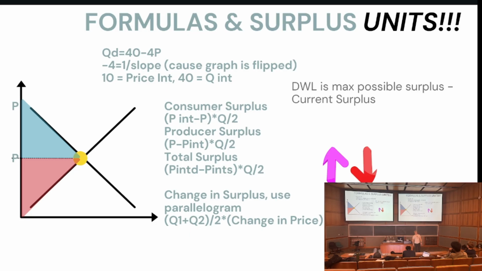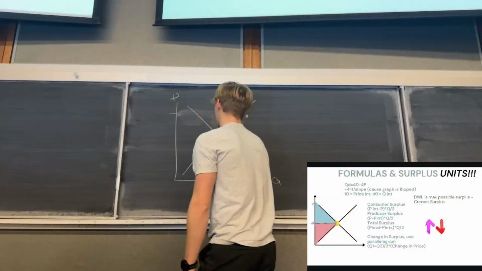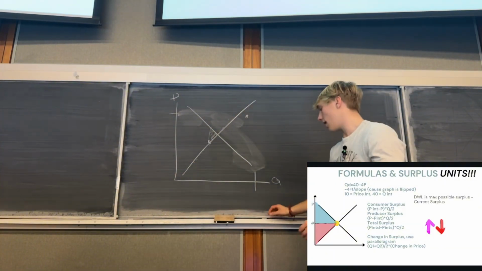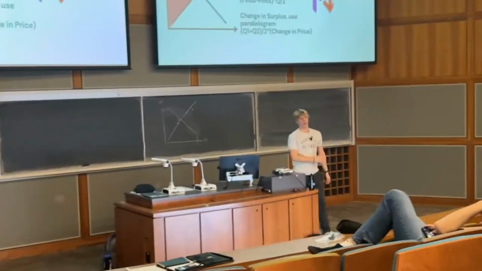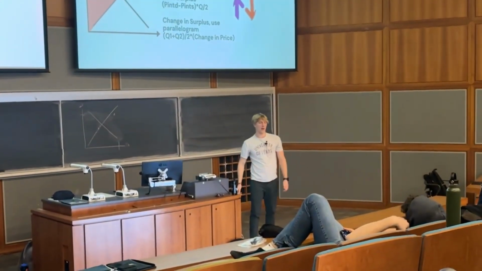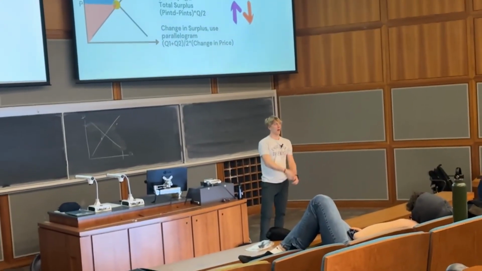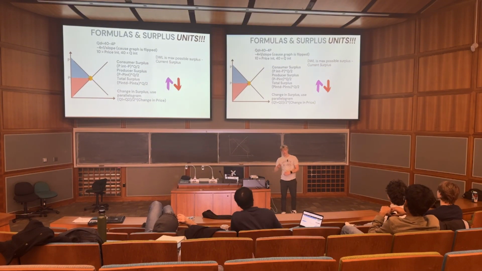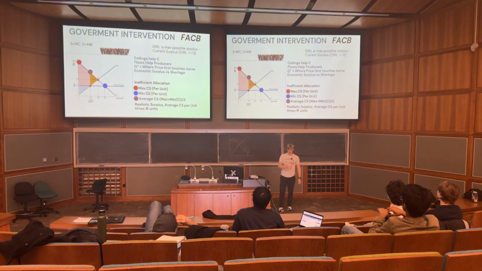That's essentially the definition, and normally it's shown by a triangle like that, but we'll get more to that later. Just remember that the slope in the equation is actually 1 over the slope, and that it's important to be able to calculate the price intercept and quantity intercept of both supply and demand. Those are a few formulas for calculating the surplus, which is pretty easy.